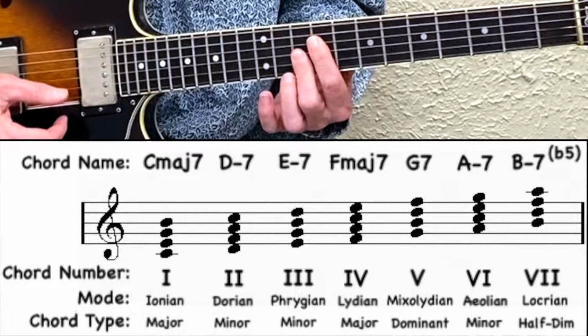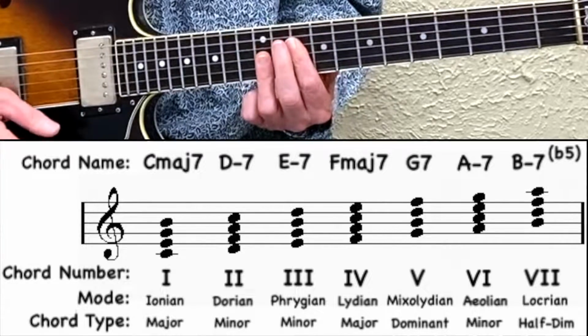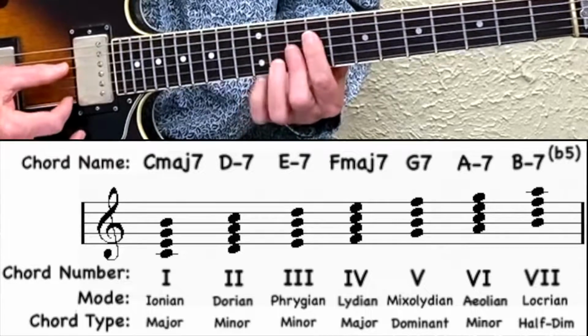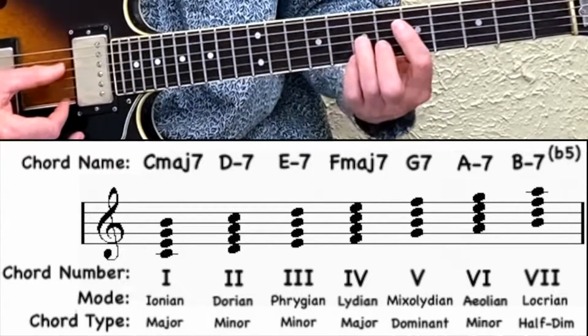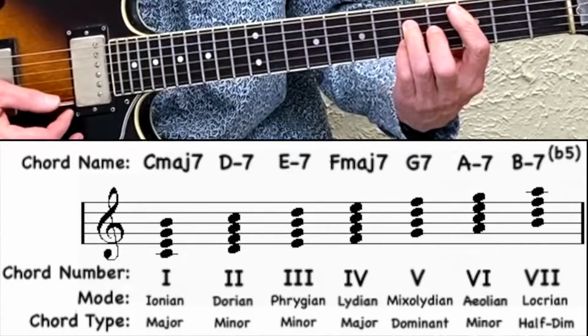The modal correspondence is Locrian. And then you have 8, which is the octave of 1. 7, 6, 5, 4, 3, 2, 1.